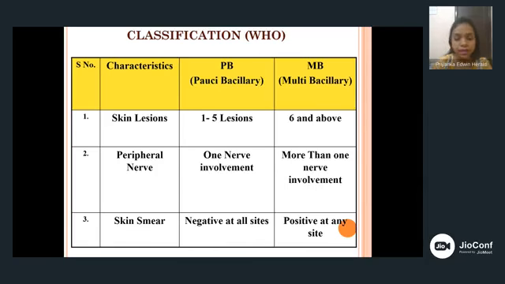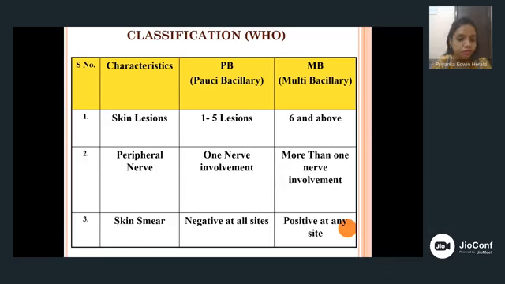According to the cardinal signs, we can differentiate between PB and MB. First, the skin lesions. If there are 1 to 5 patches or skin lesions all over the body in any patient, that patient counts under the PB category. And if there are 6 patches or more, then we can say the patient is under the multibacillary category.